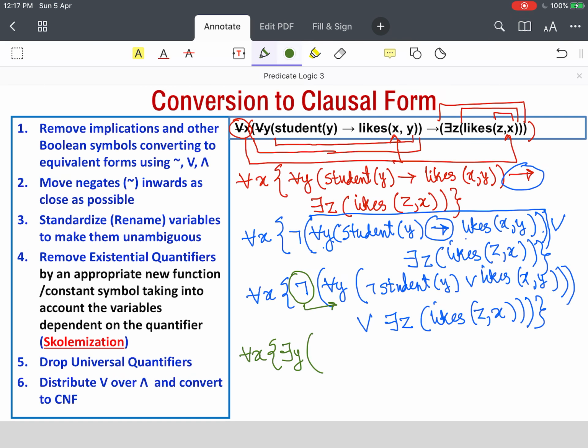Once this negate moves inside, this will become there exists y, and then this whole thing will get negated, which means that this will now become student y and not likes xy.